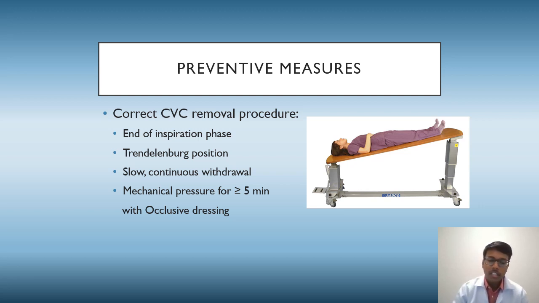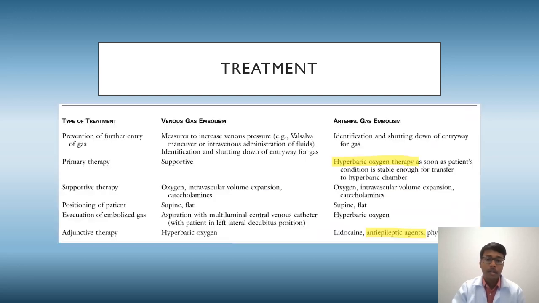This will increase the central venous pressure, so it can overcome the atmospheric pressure. And while withdrawing the CVC, it should be done in a slow and continuous manner, and mechanical pressure with an occlusive dressing should be applied for greater than 5 minutes.